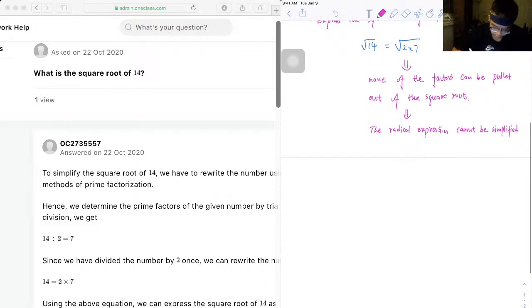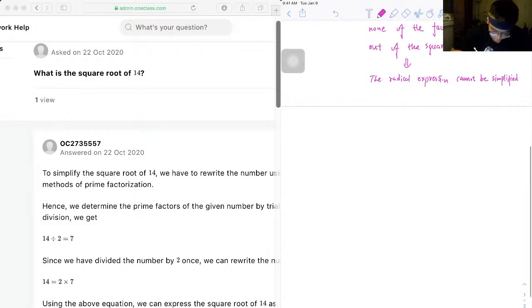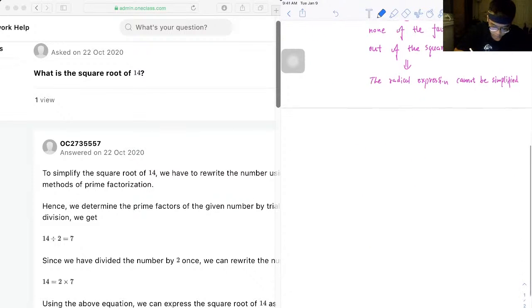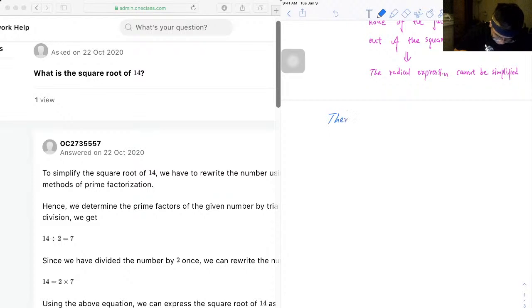So, therefore, we can write our conclusion. Therefore, the radical expression root 14 is already in the simplest form.